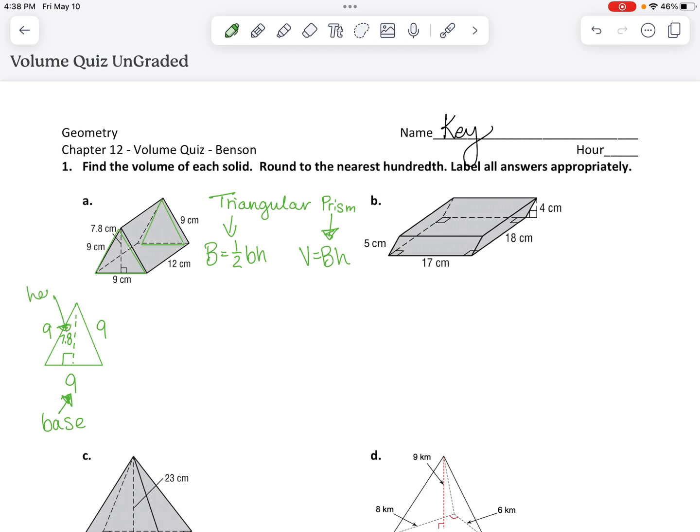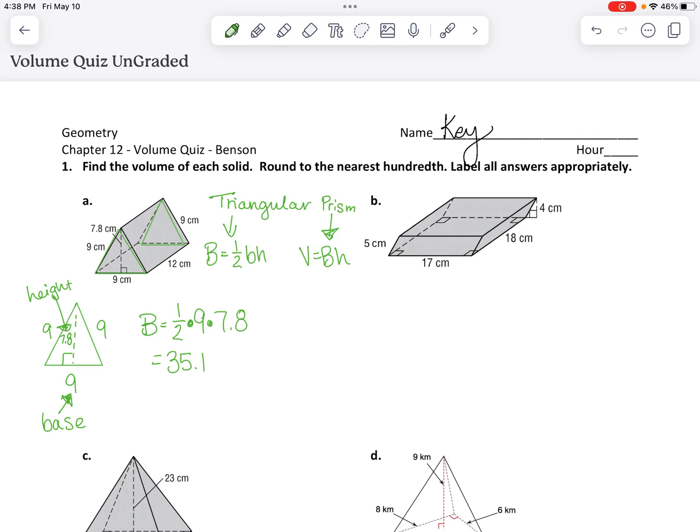And the height of the triangle is this 7.8. So that means base area 1/2 times 9 times 7.8 is 35.1.